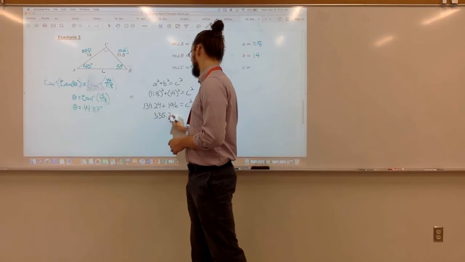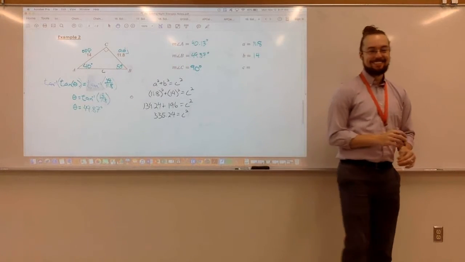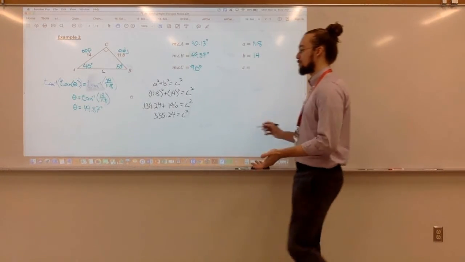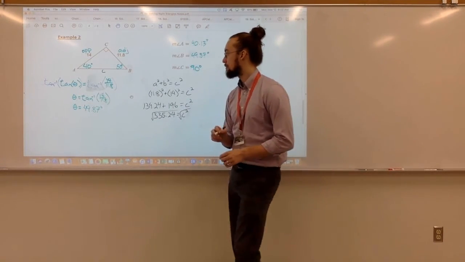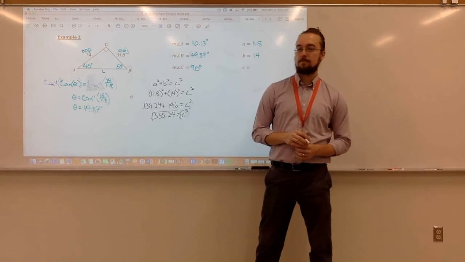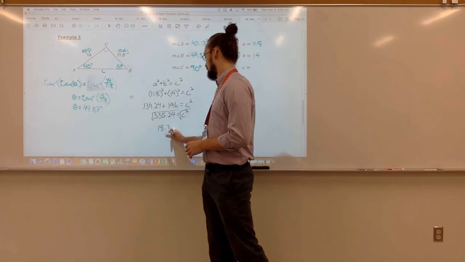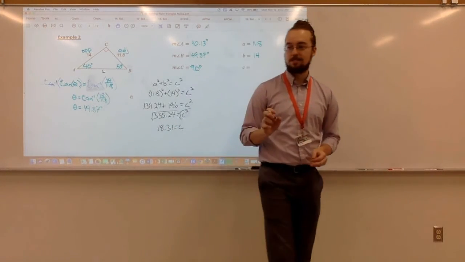Is that correct? So what's the square root then of 335.24? 18.30956034. So if we round to the nearest hundredth, 18.31.